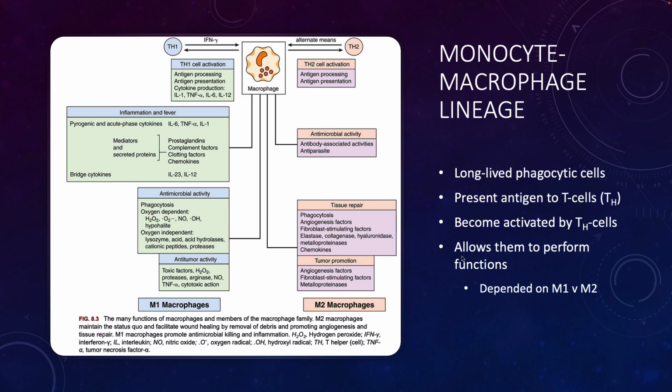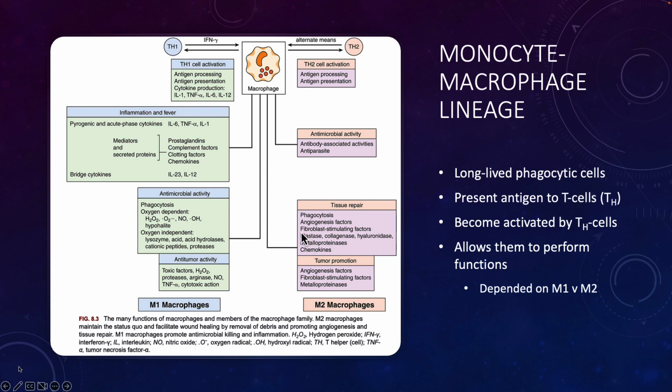And macrophages can be divided into two different lineages, M1 and M2. Again, this is not an immunology class, so I'm not necessarily going to be asking you tons and tons of details about the differences of all these kinds of cells, but I do think it's important that you're aware of what our immune response is. So the Th2 activation, this is a type of T cell, of macrophages, leads to M2 macrophages.